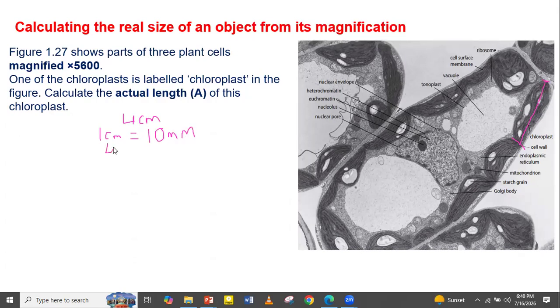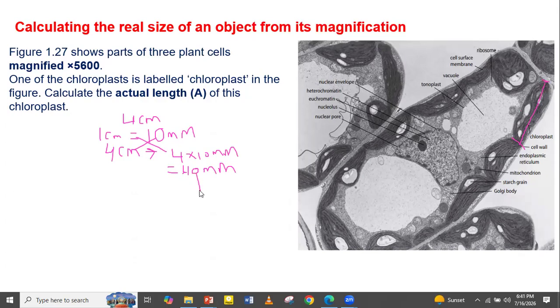How about the 4 centimeters which I have measured? I cross multiply, and I have 4 times 10 millimeters. That means the chloroplast is 40 millimeters. But remember that whenever you're carrying out these calculations, the preferred units are micrometers.